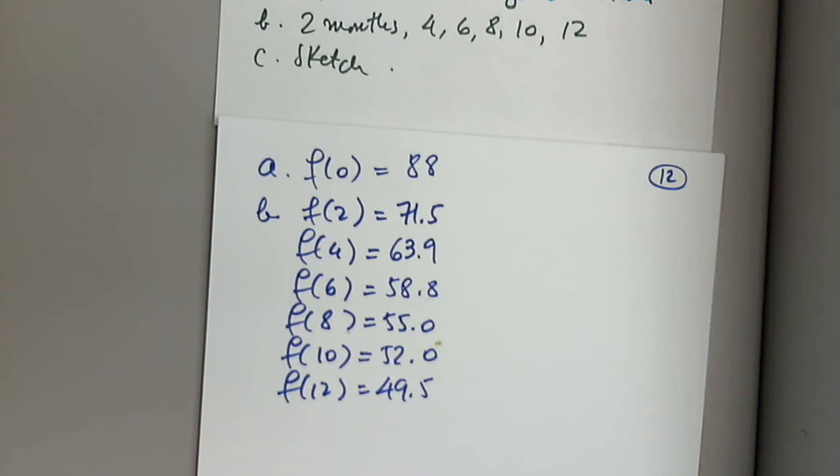From 0 months to 12 months. So 0 to 12 with a scale of 2. Now, what do we want y? How low was y? Roughly 48, 49. Right. What was the maximum? 88. Good. We don't want to go beyond 88.